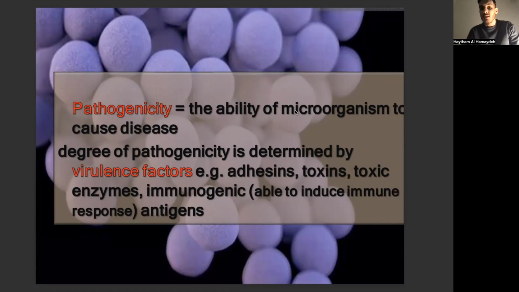These virulence factors extend from toxins to enzymes to adhesins that are attached to its membrane, as well as things that are released, in this case toxins or enzymes, and they induce different kinds of diseases in your body.